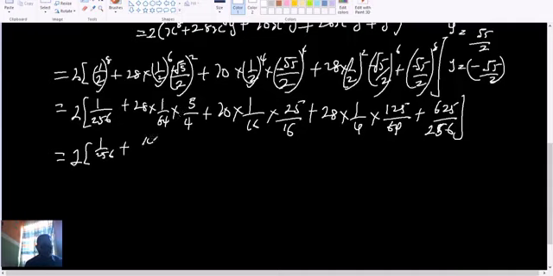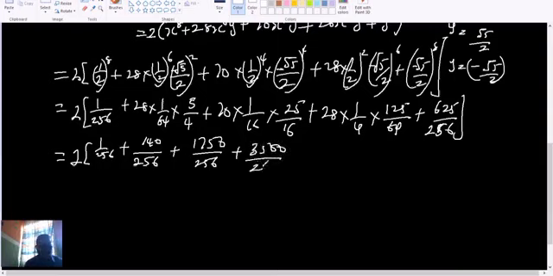So what you have here is 140 over 256 plus 70 times 25. So you will have 1750 divided by 256 plus 28 times 125. So you will have 3500 over 256 plus 625 over 256.